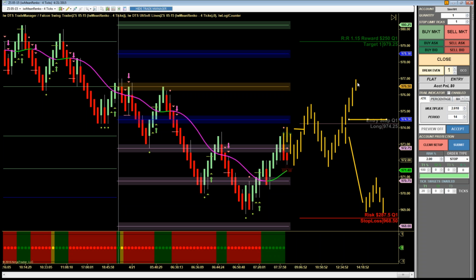And once it's at break even, there might be a couple little hesitations in here, but it should eventually continue up to hit my profit target. So I can either continue to roll it manually or engage one of the stop strategies.